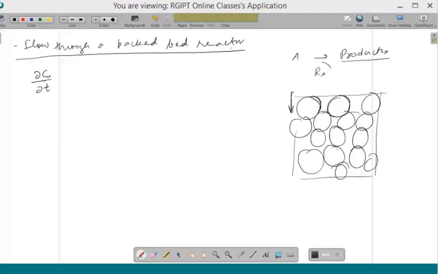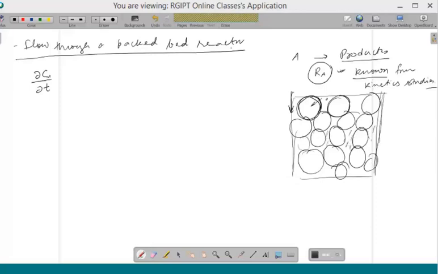So I know I have an RA, that's from kinetics studies. Now, I'm not interested in what's happening inside the particles, but I will be writing what's the concentration outside, in the bed itself, not inside the particle, but in this region where the fluid is.